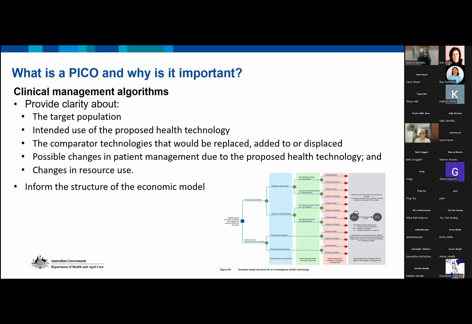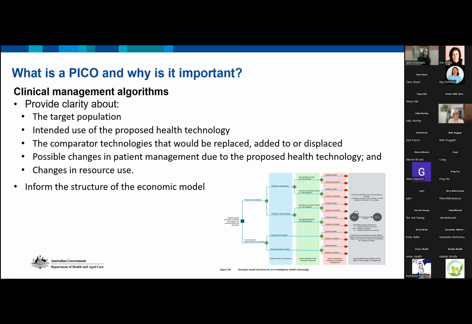This can be challenging, as predicting what change in management might happen by introducing a new health technology is not always straightforward, especially for investigative technologies such as tests, where there can be a number of flow-on consequences to different aspects of patient management as a result of introducing the health technology.